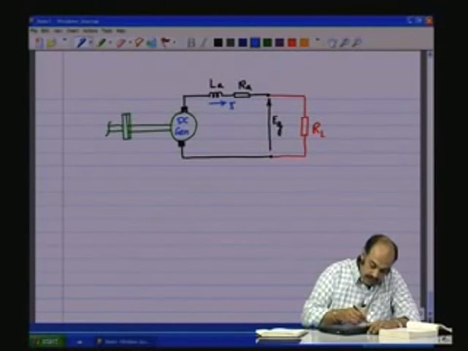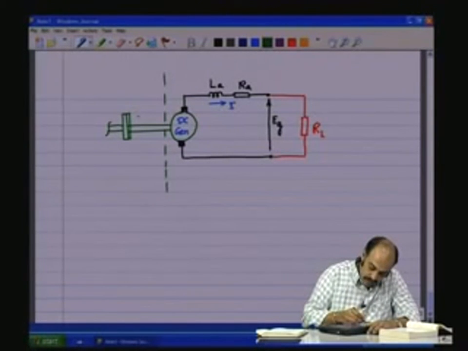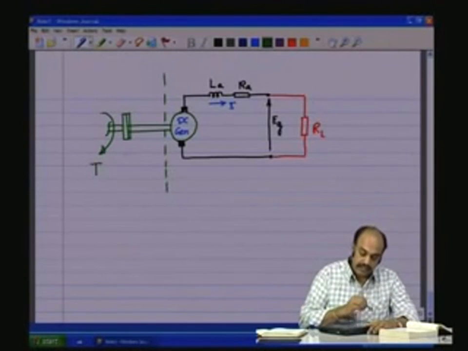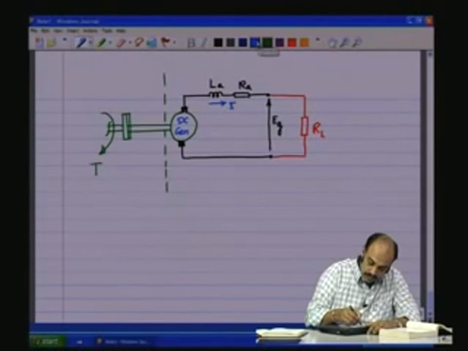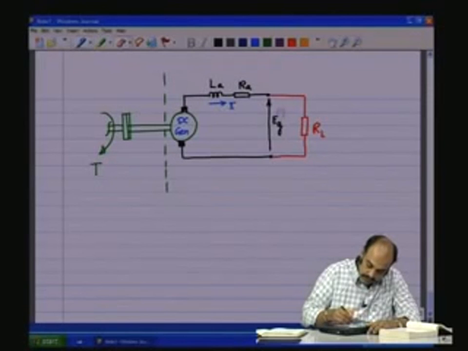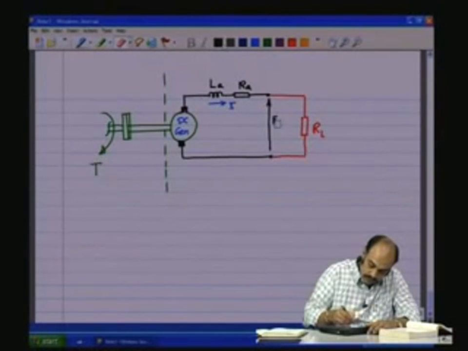Now, on this side, on the mechanical domain side, there is a prime mover which is providing the torque to rotate the shaft to produce the voltage EMF. Sorry, we need to correct this. This is not the generated, this is the output E naught.